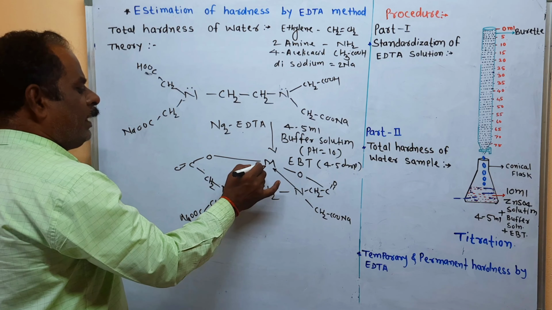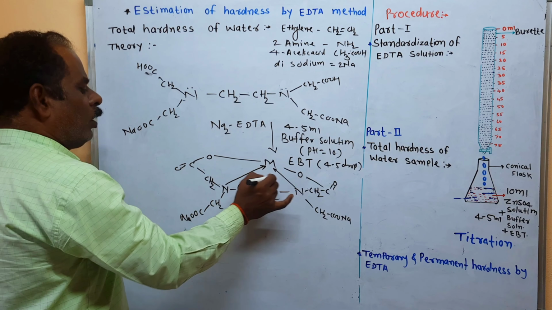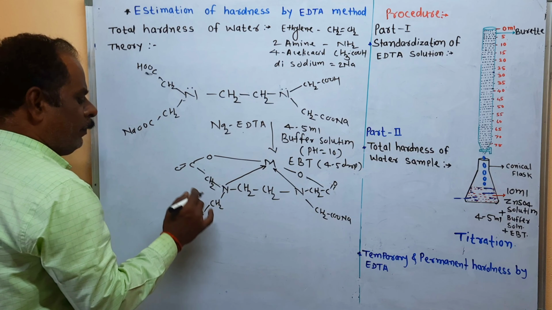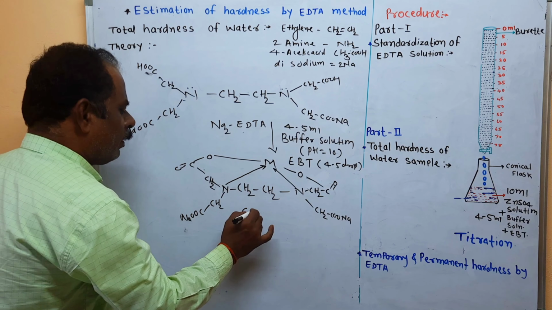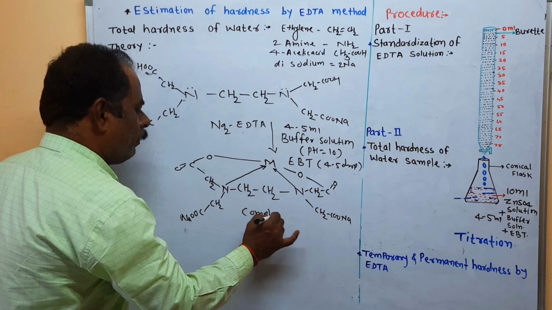The metal present in dissolved form in water forms coordinate covalent bonds with two nitrogen atoms. This is the complex compound. A colorless complex compound is formed here.